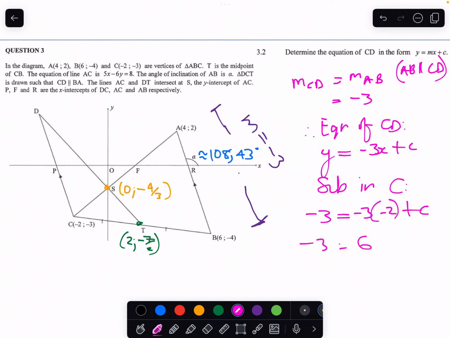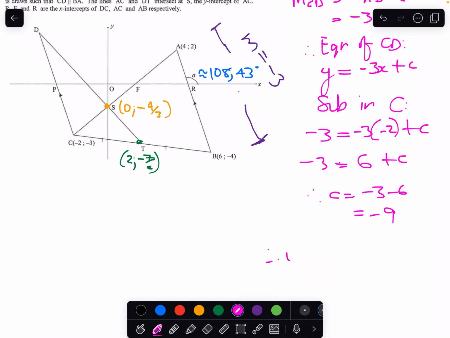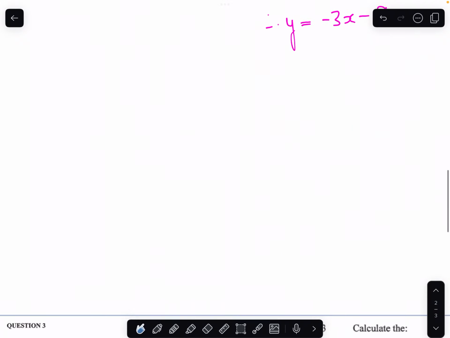Minus 3 is equal to 6 plus c, and therefore c is equal to minus 3 minus 6, which is minus 9. And that is, in conclusion, the equation of CD. Agreement? Agreement. We move.